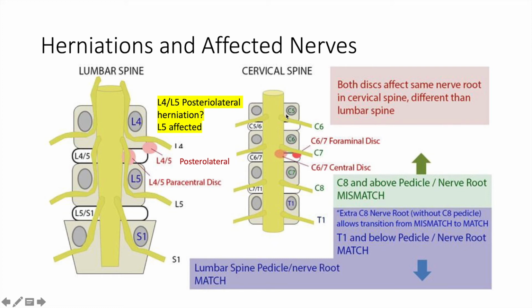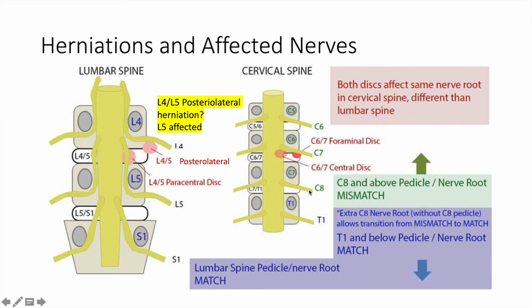But our nerves come out and they go over the vertebrae that they're numbered by. So for example, C6. Between C5 and C6, the C6 nerve is coming in on top of our C6 vertebrae. Then we go down, we've got C7, and that's going to be above our C7 vertebrae.